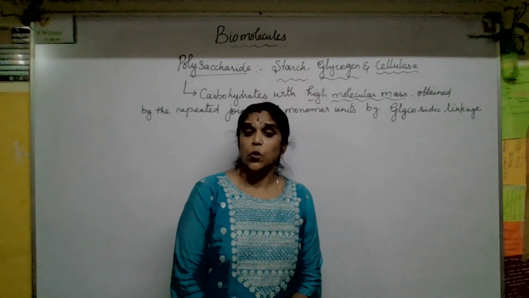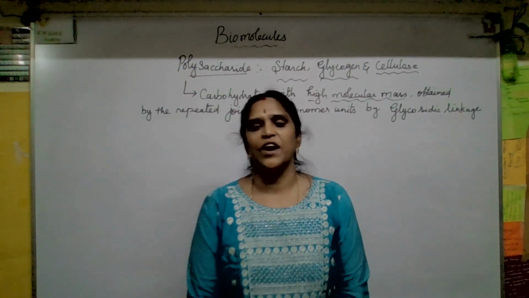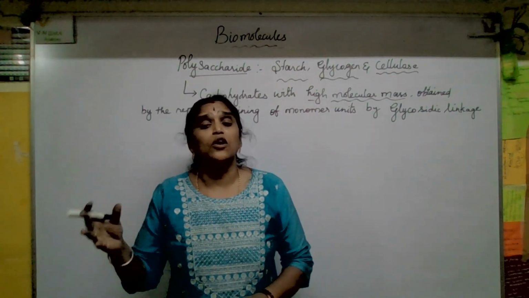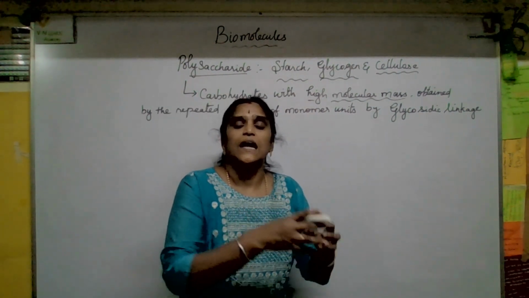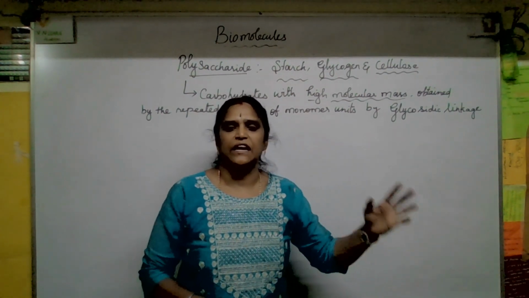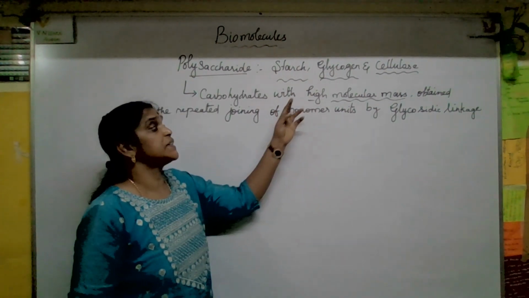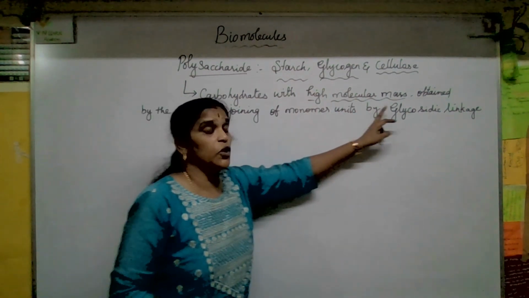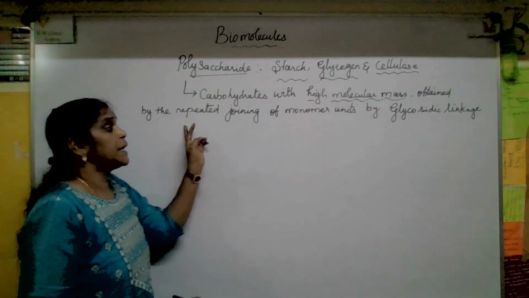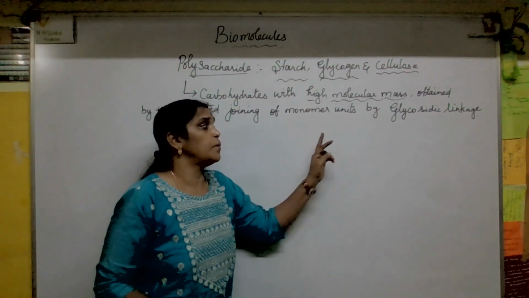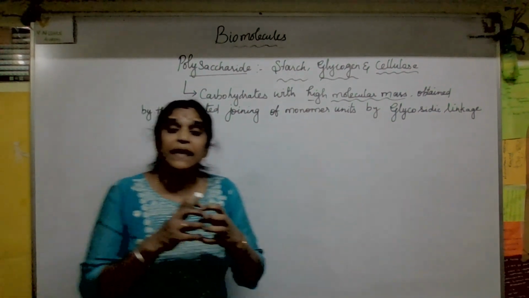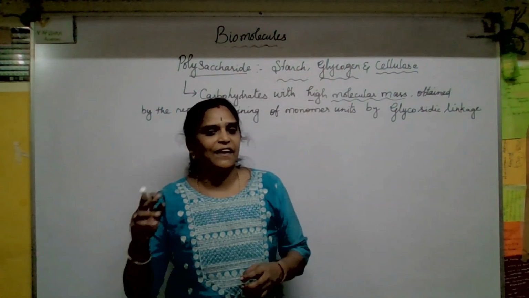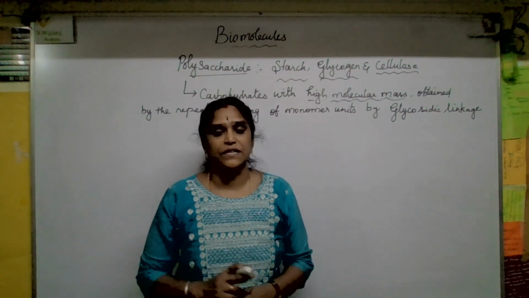Now let us go to the polysaccharides. We have seen monosaccharides and disaccharides; now we are going to see polysaccharides. A number of monomer units combine to form a polysaccharide. Carbohydrates with a high molecular mass are obtained by repeated joining of monomer units through glycosidic linkage.